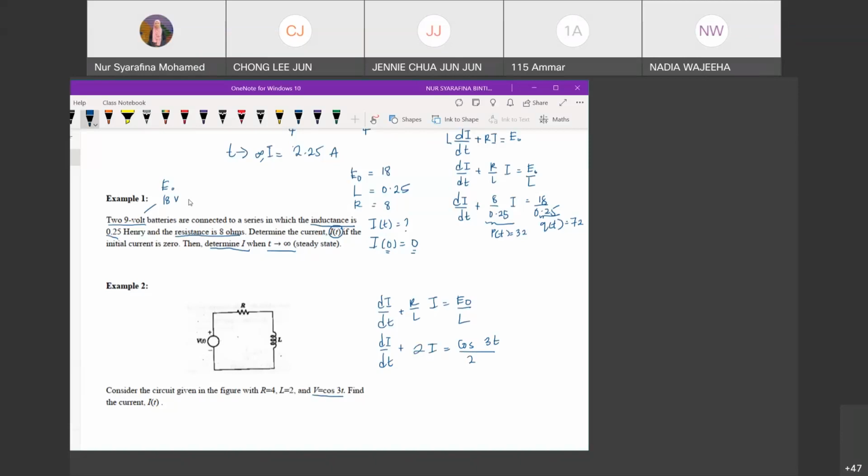In order to find I, identify your P(t) first and then Q(t), then obtain your integrating factor and solve for I. Can you do this? Try it first. If you have a question, you can ask. There is no condition given, so you should have a constant in the solution.